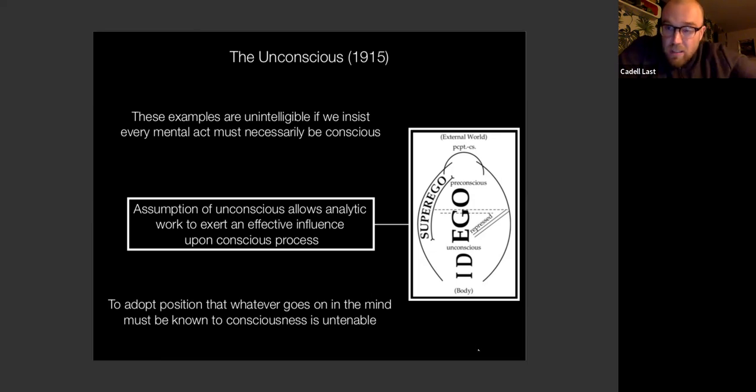Of course, it requires that we work through resistances, which is the price of admission to do meaningful analytic work.